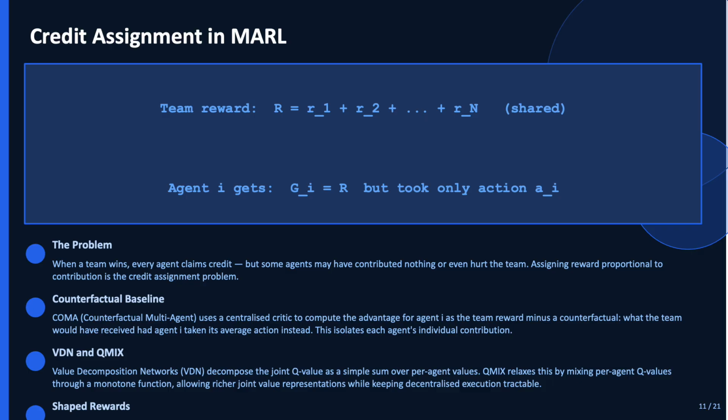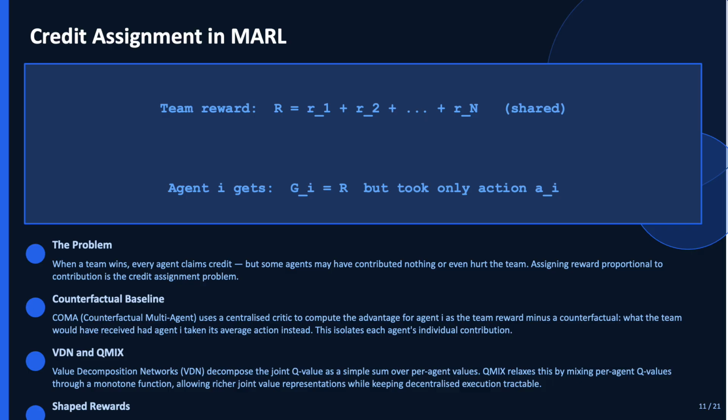A company training a multi-agent system to optimize warehouse picking routes encountered this directly. When the system succeeded in meeting the delivery deadline, the team reward was shared equally among all picker agents, including those that had taken inefficient paths that were compensated for by the other agents' efficiency.